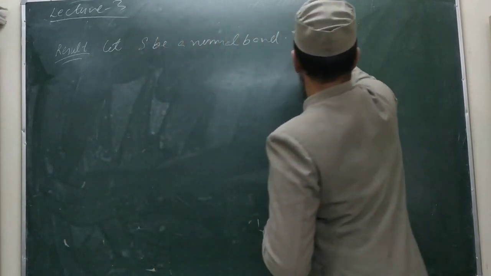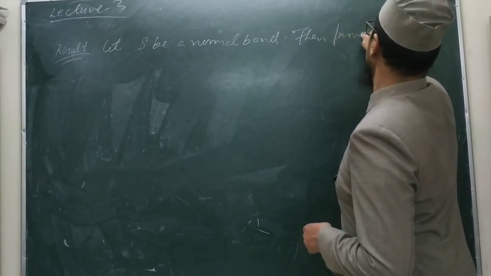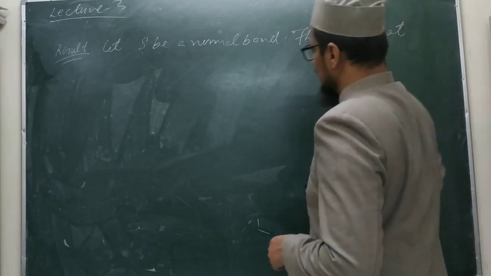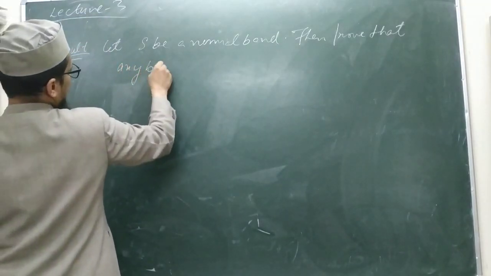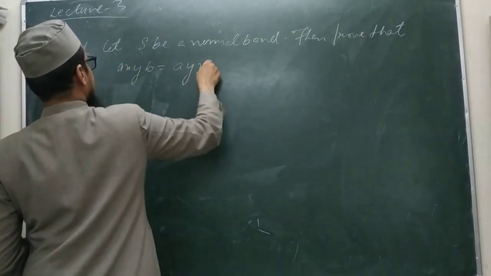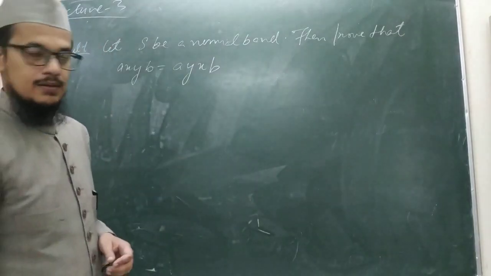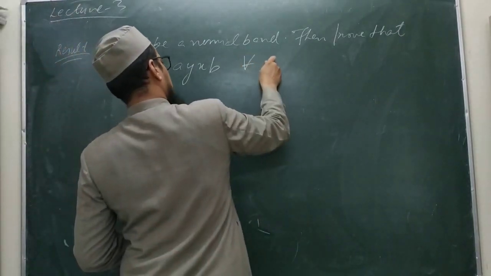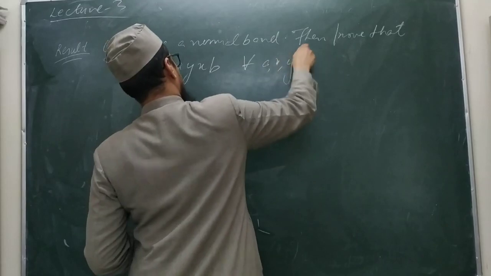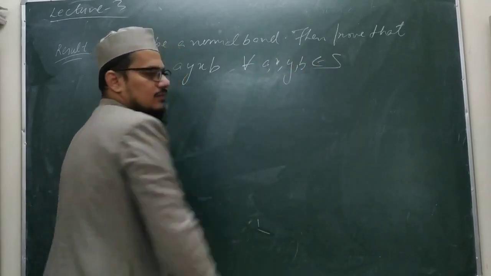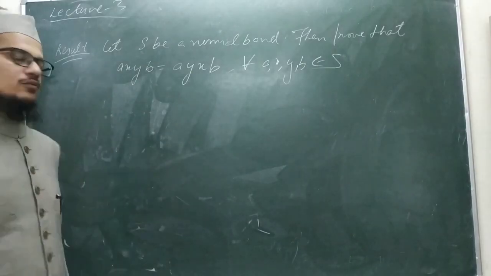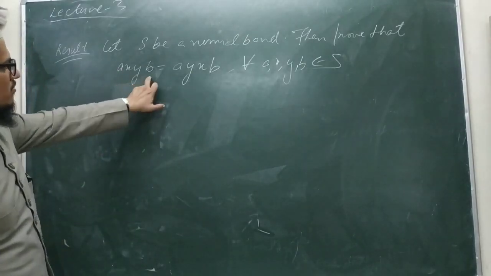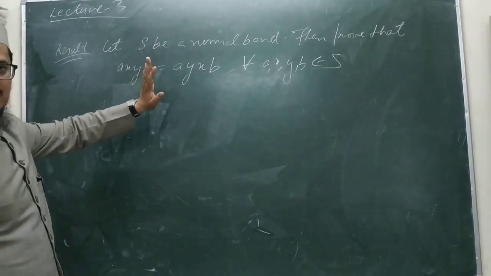Then prove that AXYB equals AYXB for every A, X, Y, B belonging to S. I am posing this problem in front of all of you, that is, AXYB is equal to AYXB.